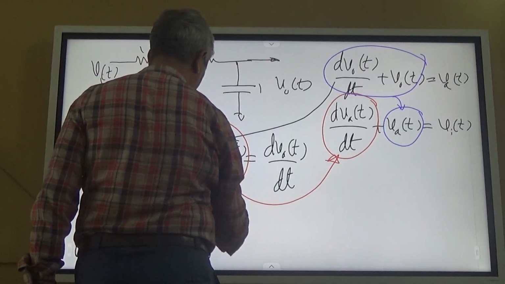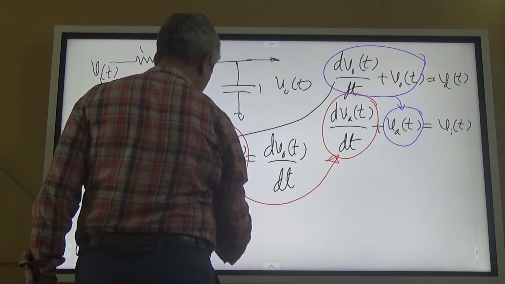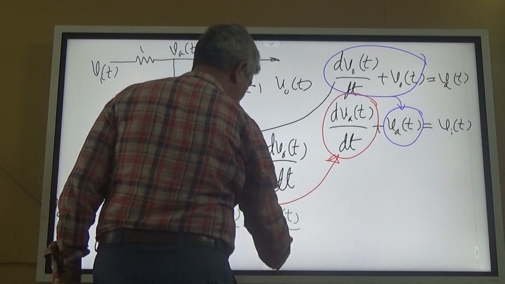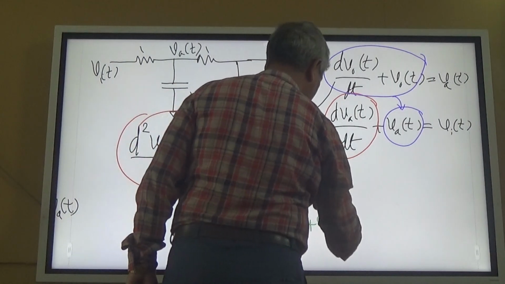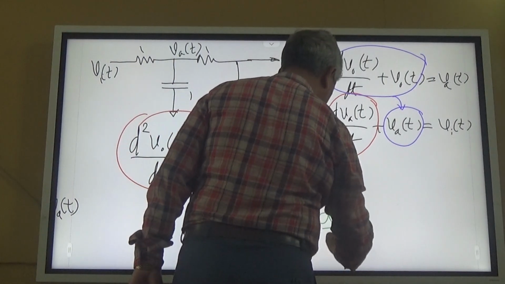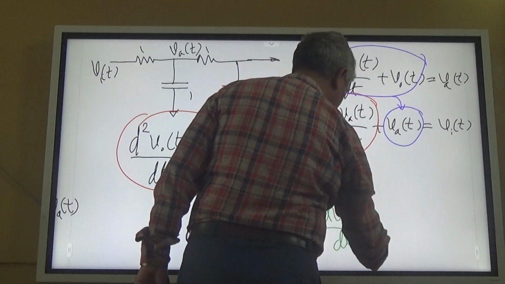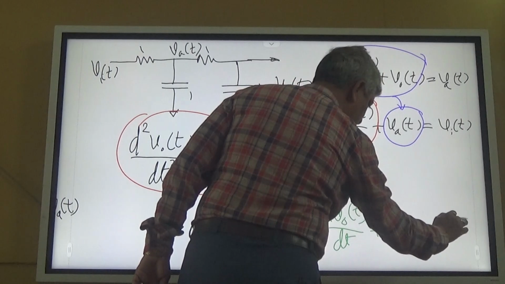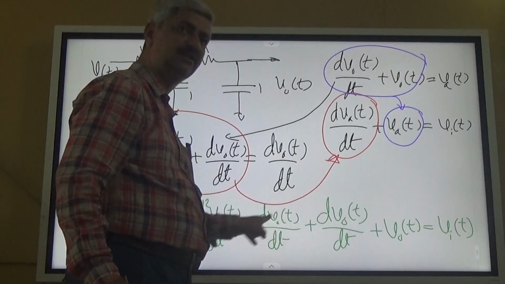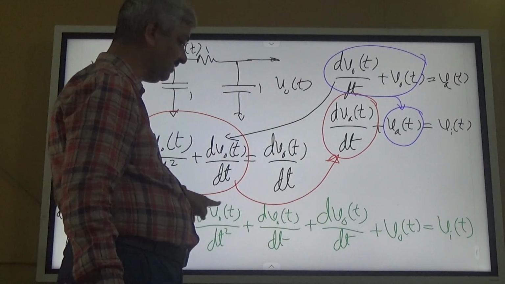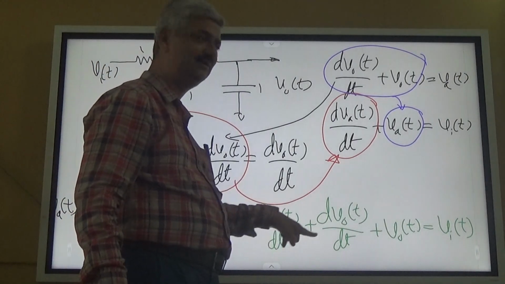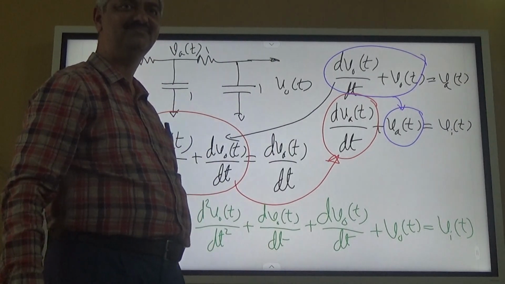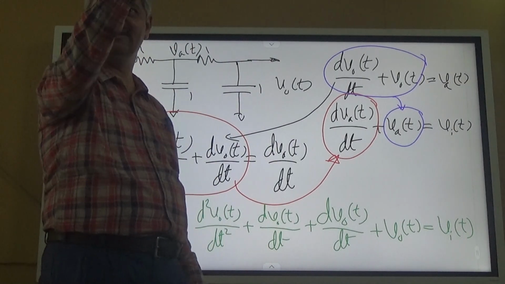So what I get is d²VOT/dt² plus dVOT/dt plus dVOT/dt plus VOT is equal to VIN. So it becomes d²VOT/dt² plus 2 dVOT/dt plus VOT is equal to VIN. And what was it last time? 3 dVOT/dt.